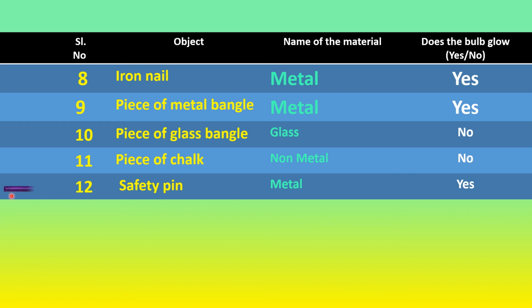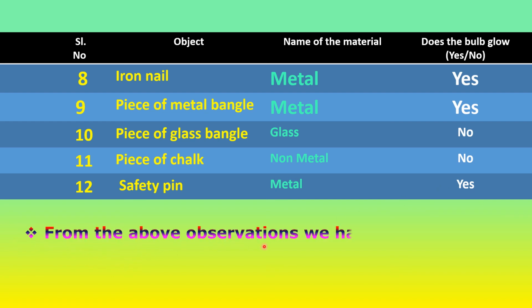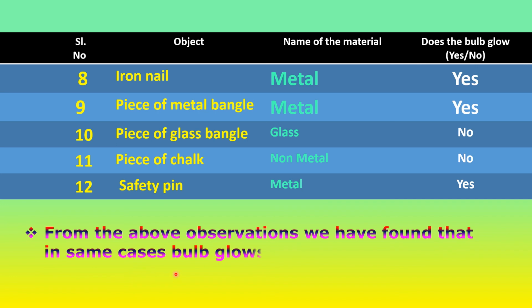And when the safety pin was connected, the bulb has glowed. So from the above observations, we have found that in some cases the bulb glows and in other cases it does not glow.